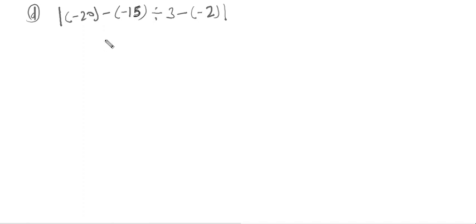So here you cannot solve like this, first 20 and 15, or first 3 and 2. You cannot solve like this. Here you have to apply a rule, that is the BODMAS rule. I do not know whether you are aware of this rule or not.